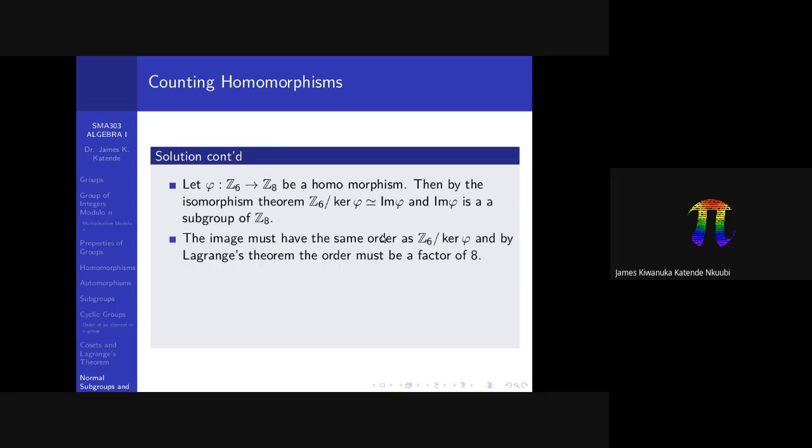So Lagrange's theorem tells us that, or rather, before we go to Lagrange's theorem, we state that the image must have the same order as this factor group. If they are isomorphic, then the image cannot have more elements. It must have exactly the same number of elements as this factor group.